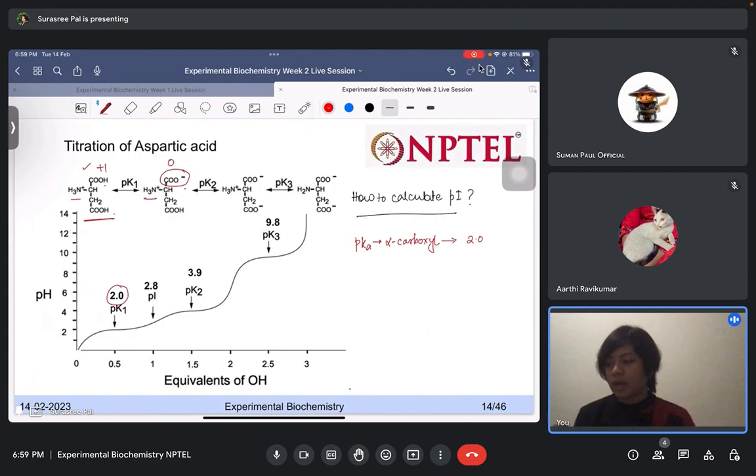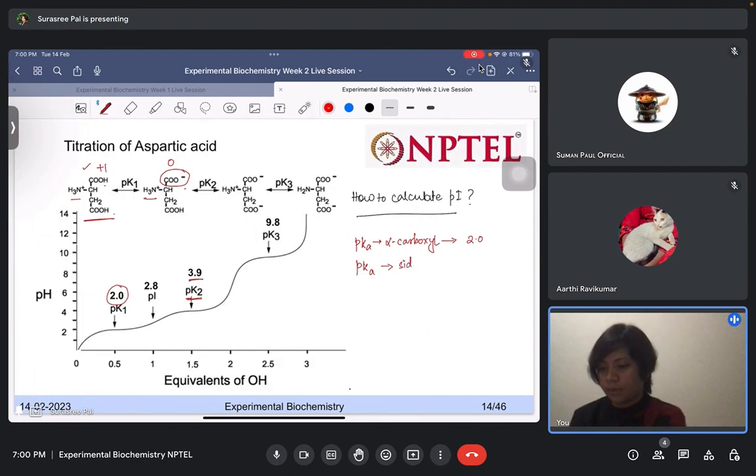And now what happens, so again you can see the next pK. This is pI, don't consider the pI for now. The next pK2 is 3.9. We will come to the pI. But the next pKa value, which is pK2, is for the carboxyl group of the side chain.